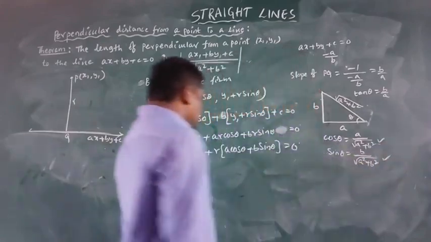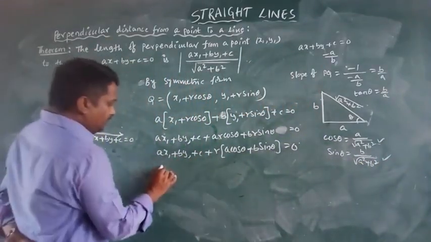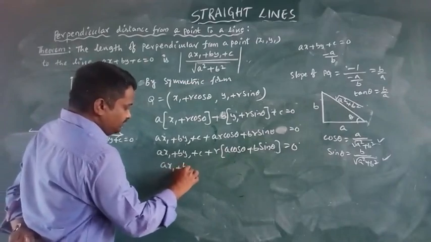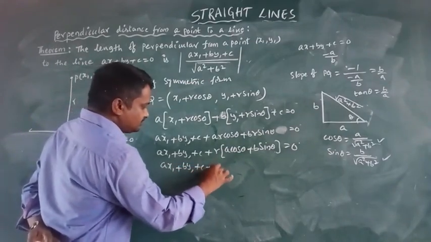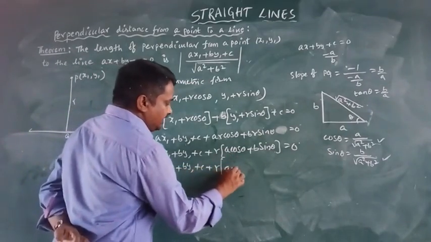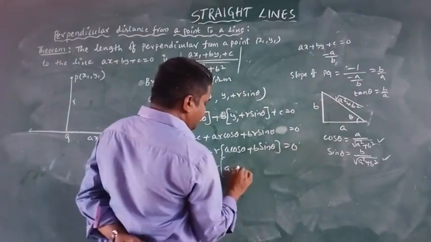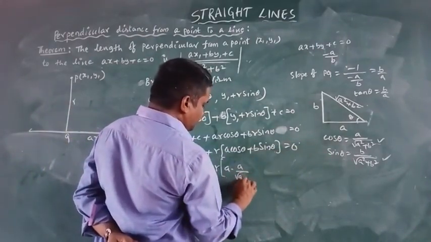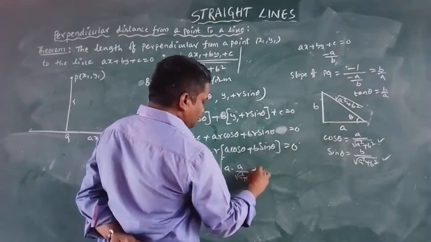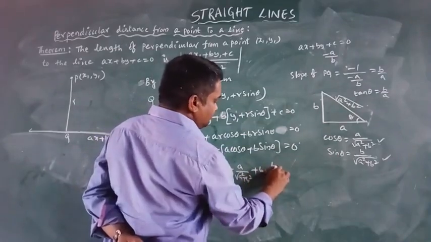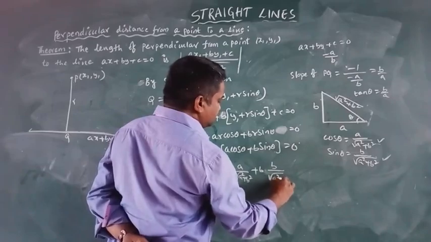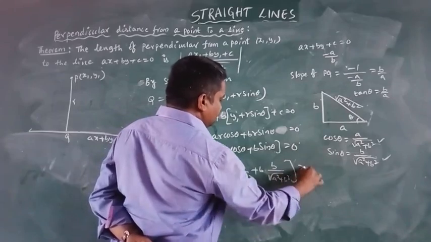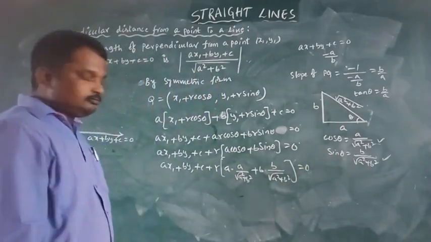So these two values substitute here: ax1 + by1 + c + r times (a into a by root over a square plus b square, plus b into b by root over a square plus b square) equals 0.